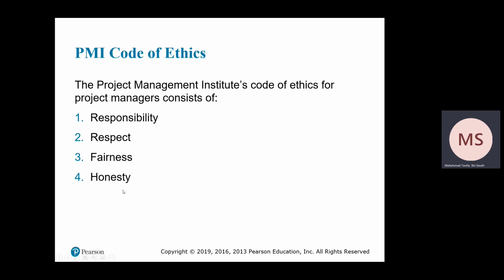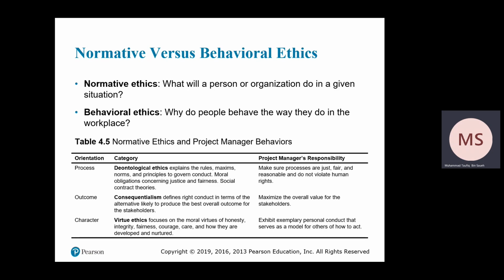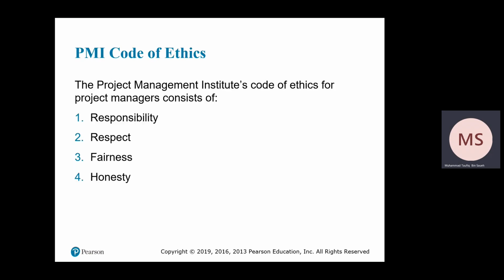So these are the four codes of ethics a project manager should have, based on the Project Management Institute code of ethics. So that is the basic code of ethics a project manager should have.